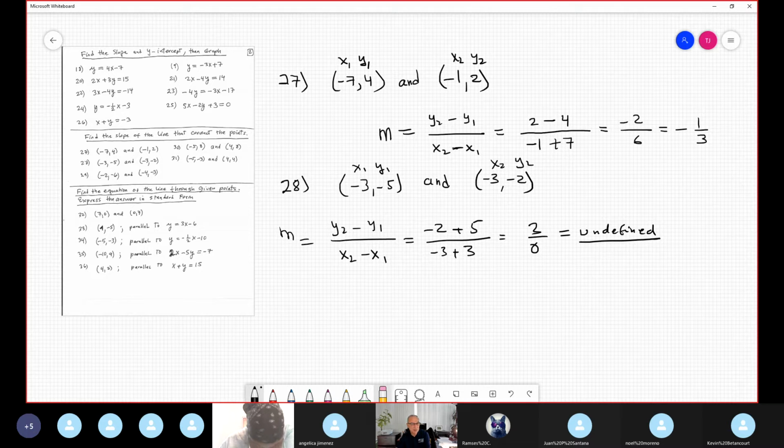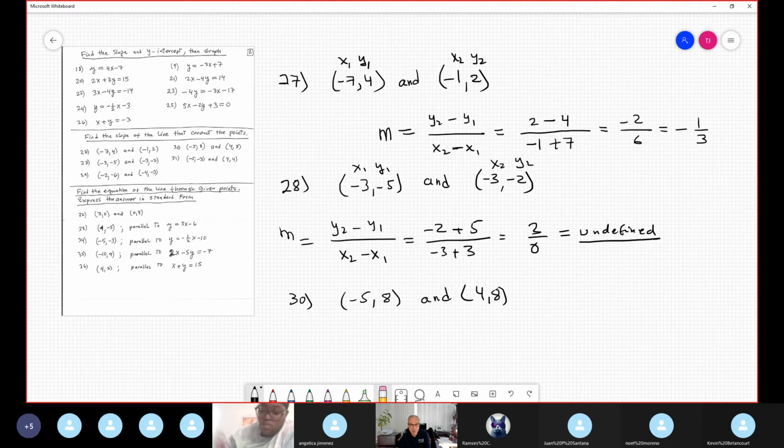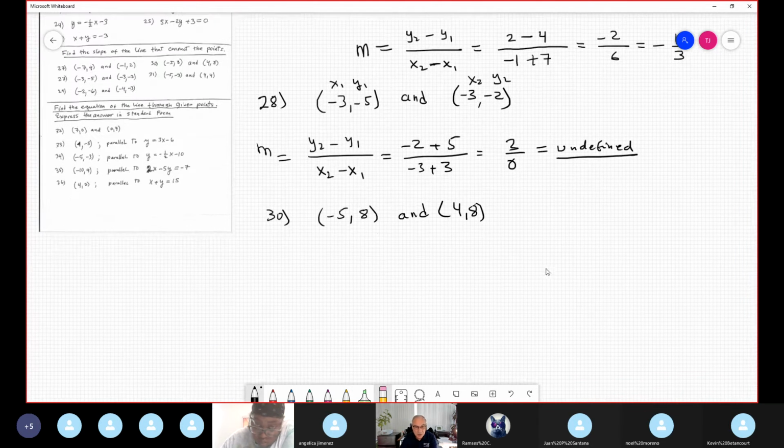Okay, skip 29. Let's do it in 30. Okay, it's more interesting. Suppose negative 5, 8, and 4, 8. Okay, again, compute the slope using the famous formula. The formula is slope is equal to y2 minus y1 over x2 minus x1.